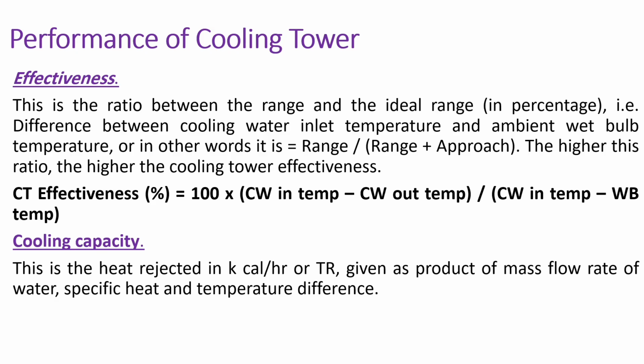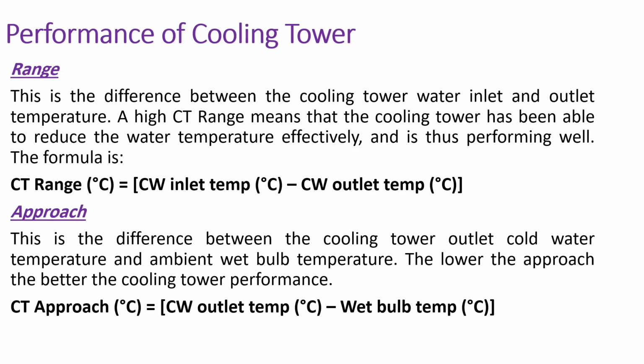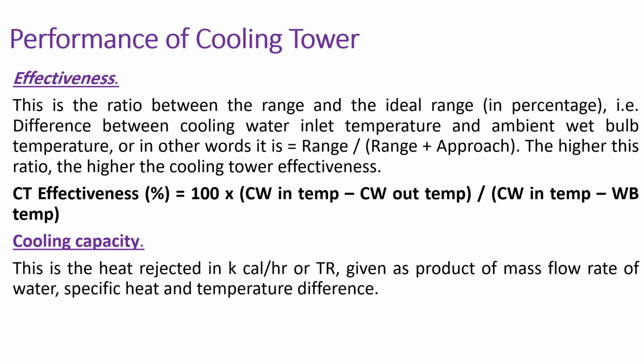It is the heat removed by the tower, and it depends upon three things: water flow rate, specific heat, and temperature drop. And the effectiveness is 100 multiplied by the range over range plus the approach. That is, the cooling water inlet minus the cooling water outlet over the cooling water inlet minus the wet bulb temperature.